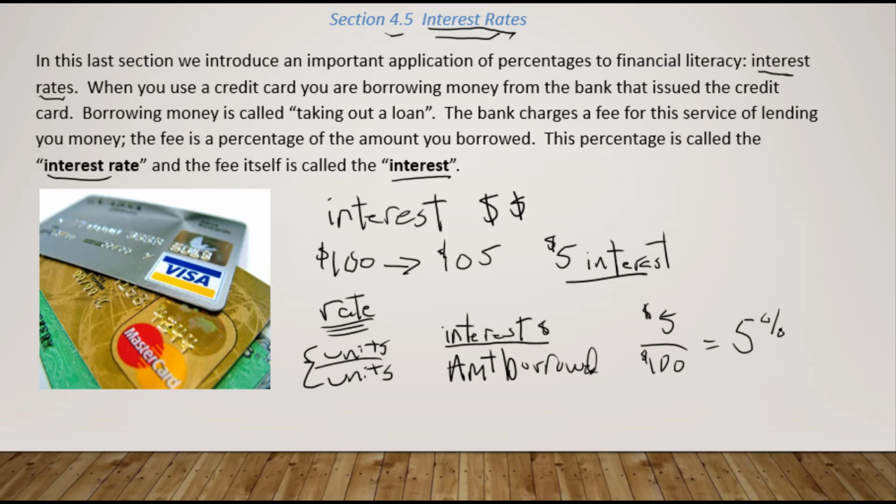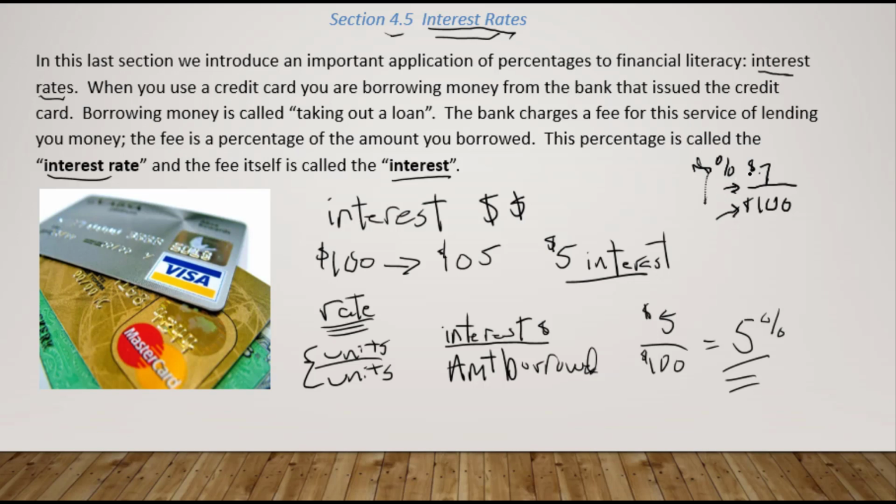Let me give you another interest rate. Here's an interest rate of 7%. What that means is that for every $100 that you borrow, you have to pay interest of $7. Now, that doesn't mean you borrowed $100.